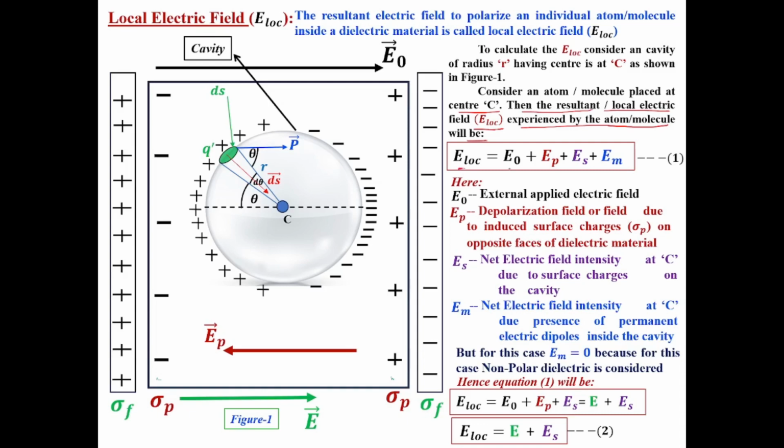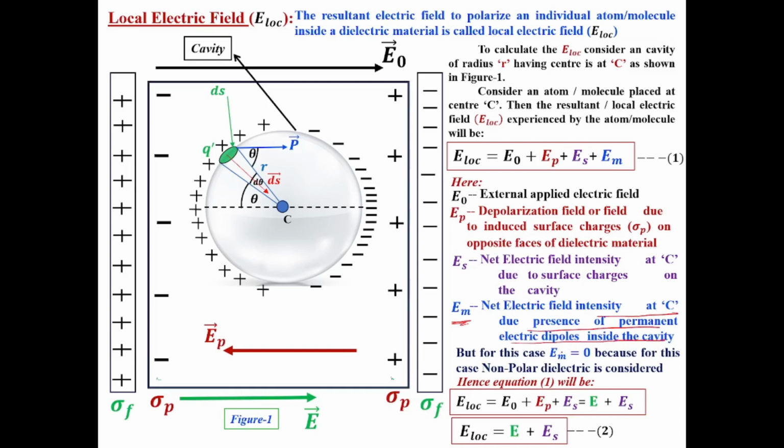E local will be E naught plus EP plus ES plus EM, where E naught is your external applied electric field, EP is your depolarization field or field due to induced surface charges sigma p on the opposite faces of the dielectric material, ES is the net electric field intensity at C due to surface charges on the cavity, EM is the net electric field intensity at C due to presence of permanent electric dipoles inside the cavity.